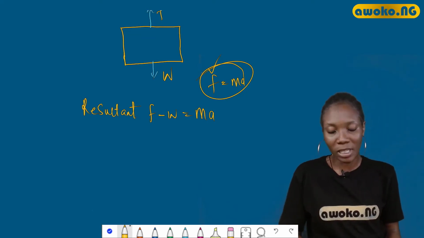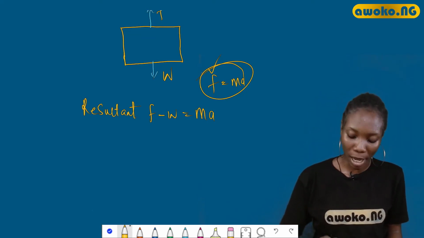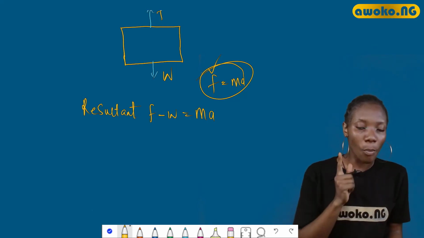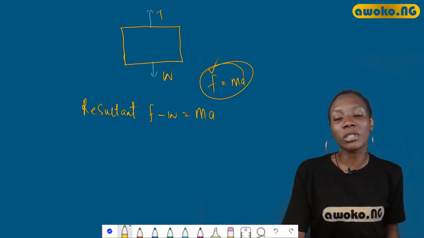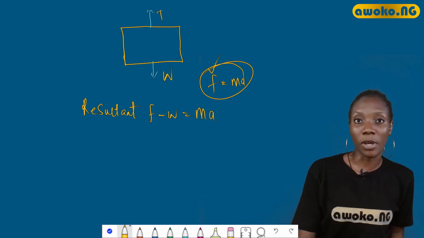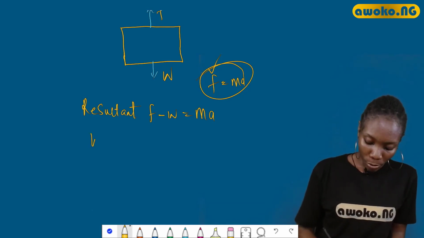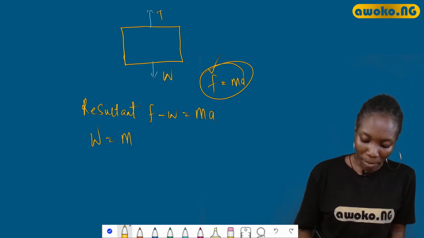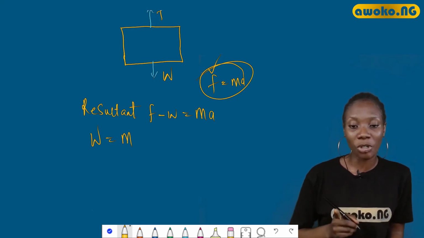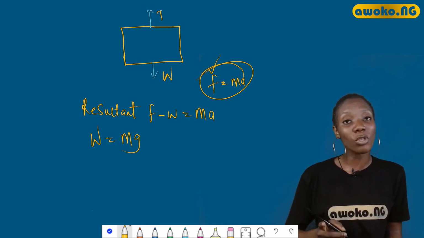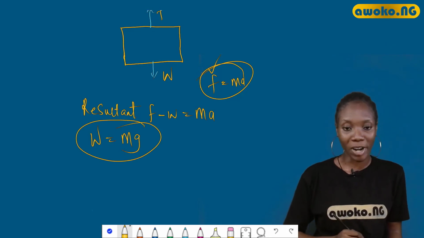Now, since we've gotten our relation, all we need to do now is to put in our values. But note, though we've not talked about weight, we're going to do that, okay? W is the product of mass of a body times the acceleration due to gravity, g. I know most of us already know this relation, right, guys?